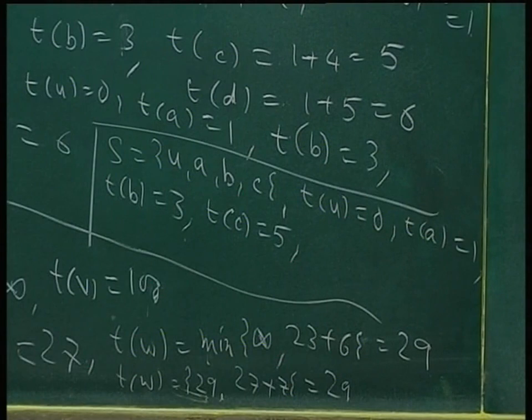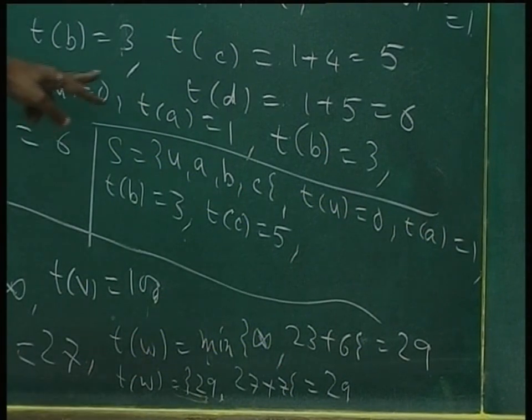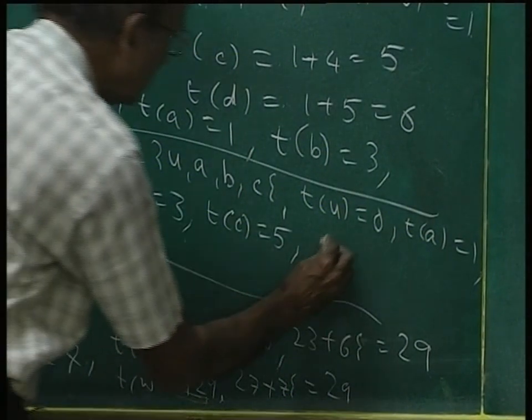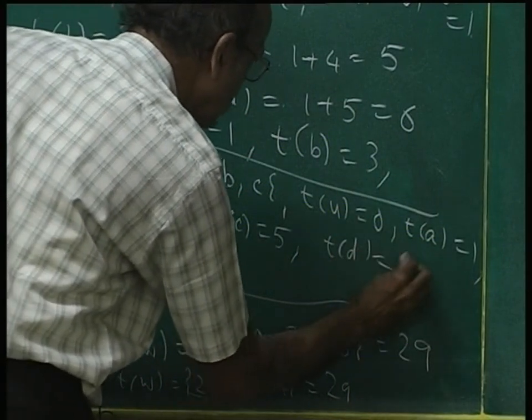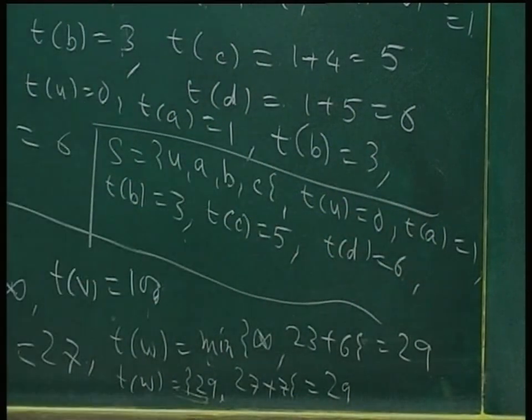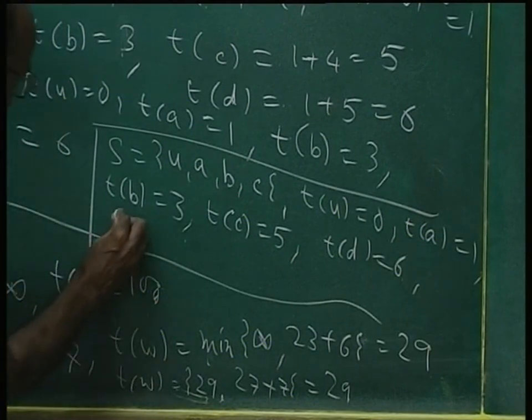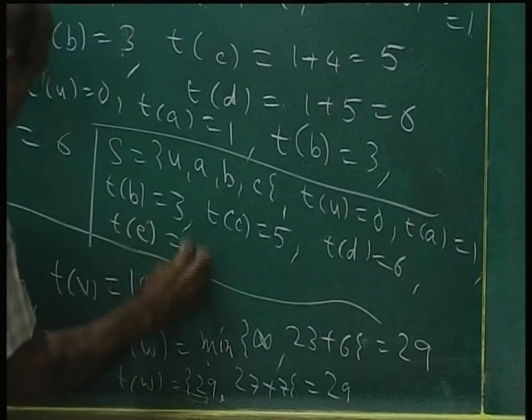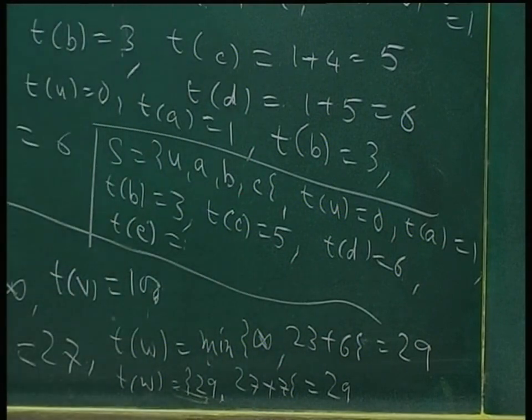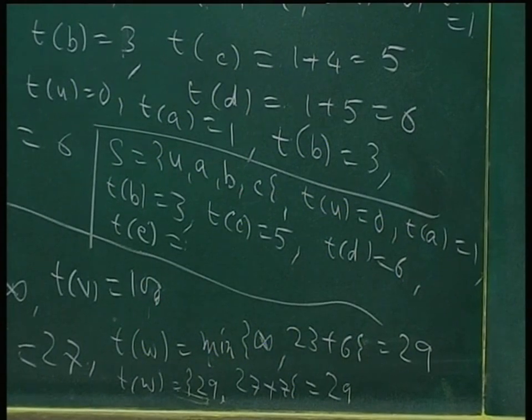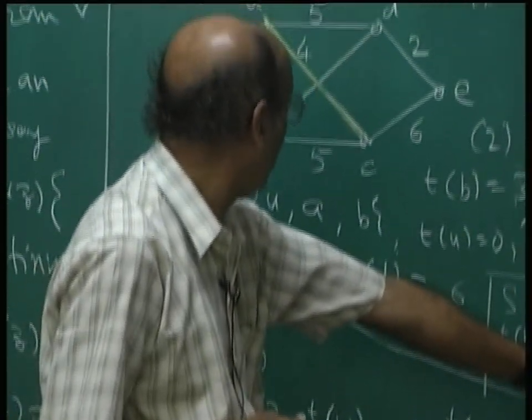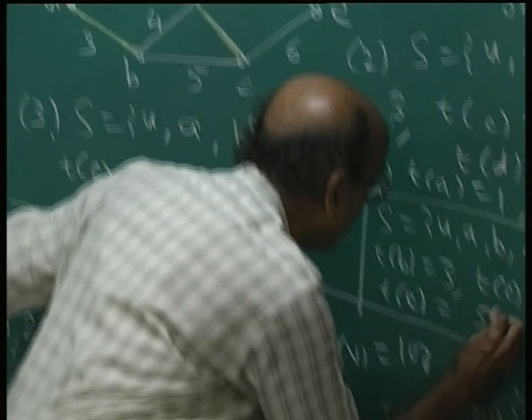There is no edge between C and D, therefore T of D will continue to be 6. Finally, from C you have an edge to E. Therefore, T of E, which is, you could get to C, which is already 5, plus 6, which is equal to 11.